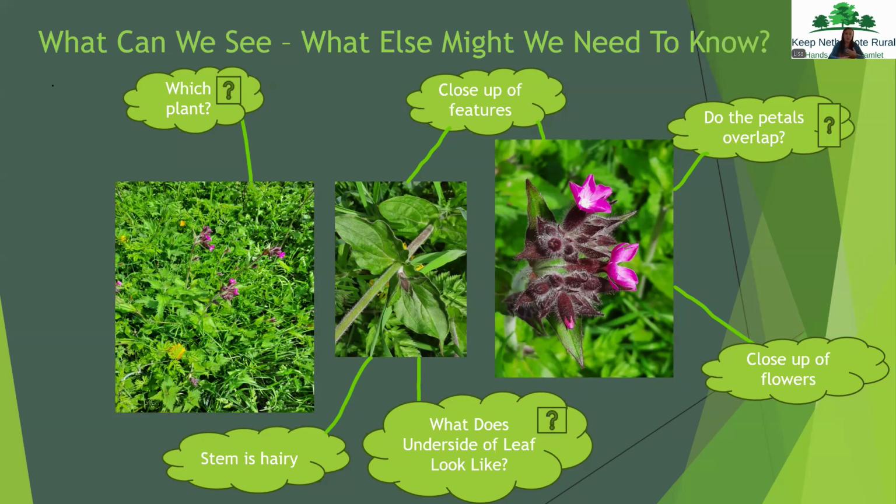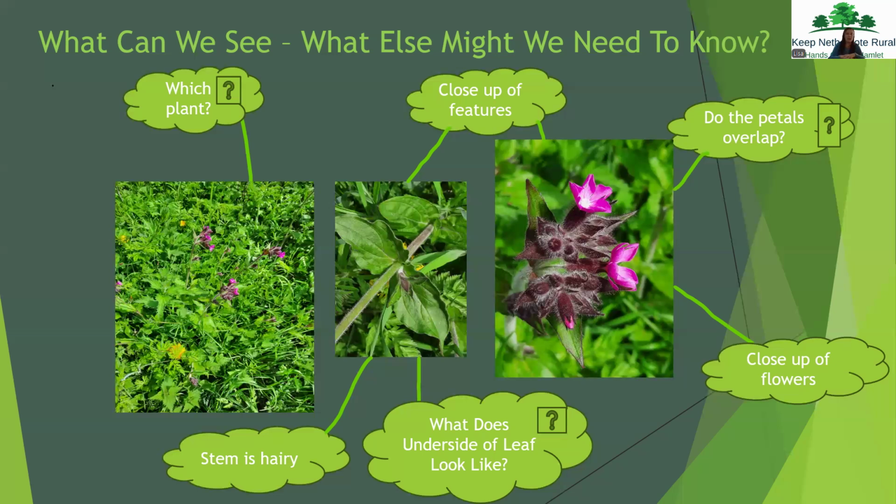But as we learn more about recording and what is needed to make an accurate determination, then we learn more about the features of each specific species. So different species will have different features.